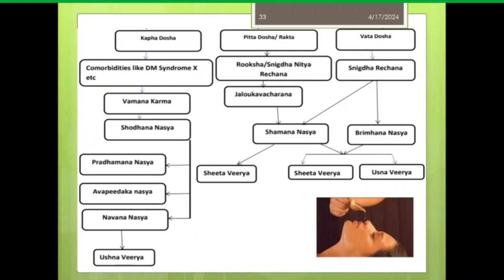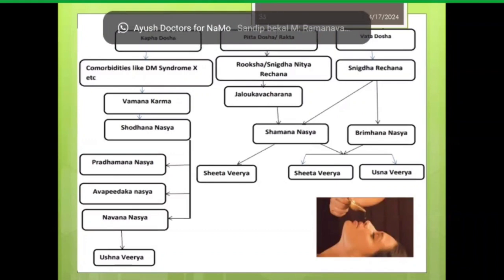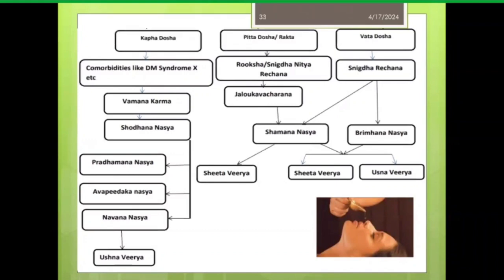Again, there are two varieties of selection: it may be Shita Virya or Ushnavirya, for Shamananasya as well as Brahmananasya. Based on the situation, you can plan. Madhura Rasa and Shita Virya, which is also Brahmana, or Madhura Rasa Shita Virya, which is also Shamana, can be administered in extreme conditions.